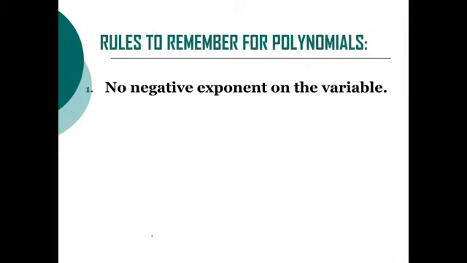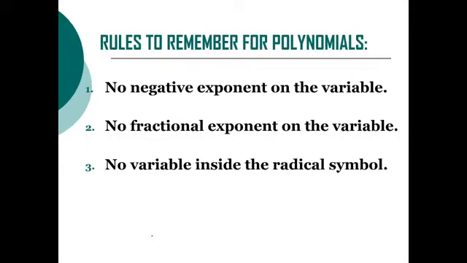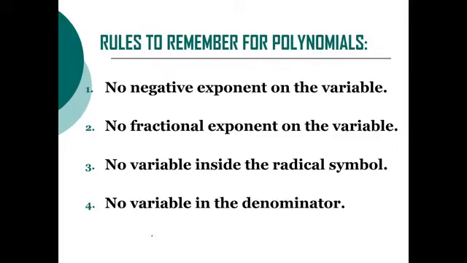So take note of the rules. Number 1, no negative exponent on the variable. Number 2, no fractional exponent on the variable. Number 3, no variable inside the radical sign. Number 4, no variable in the denominator.